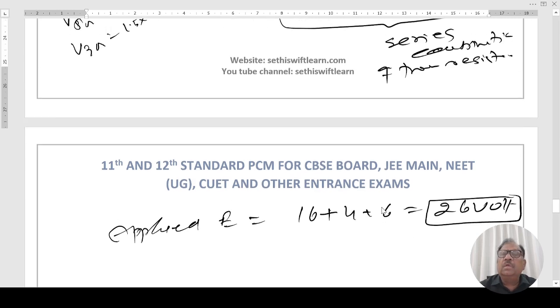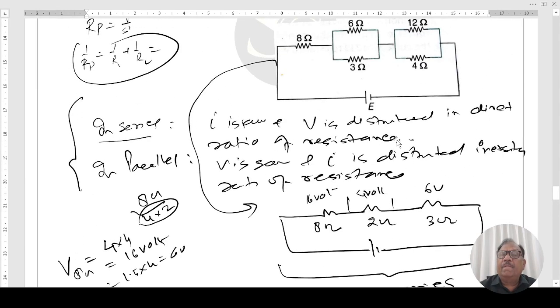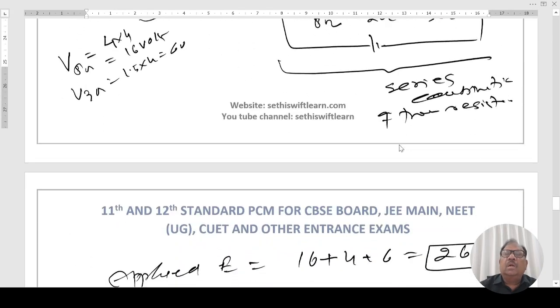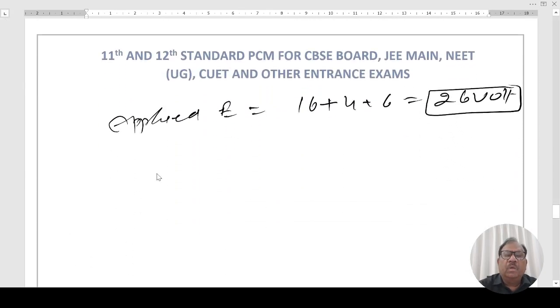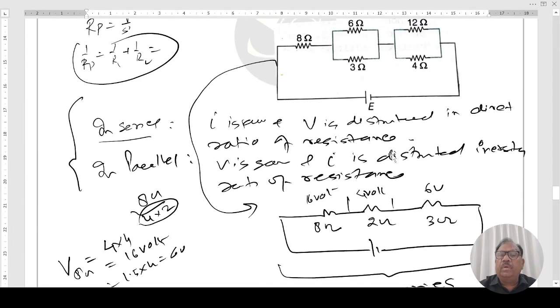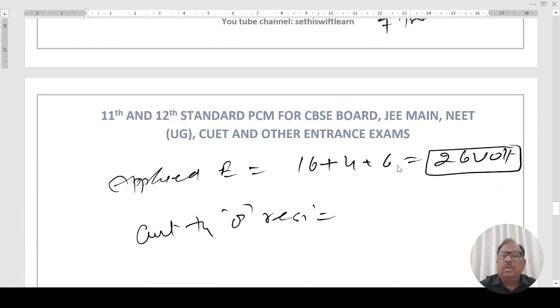Internal resistance considered 0, right? Then current through 8 ohm resistance will be, according to Ohm's law, I equal to V by R, 16 divided by 8, that is 2 ampere.